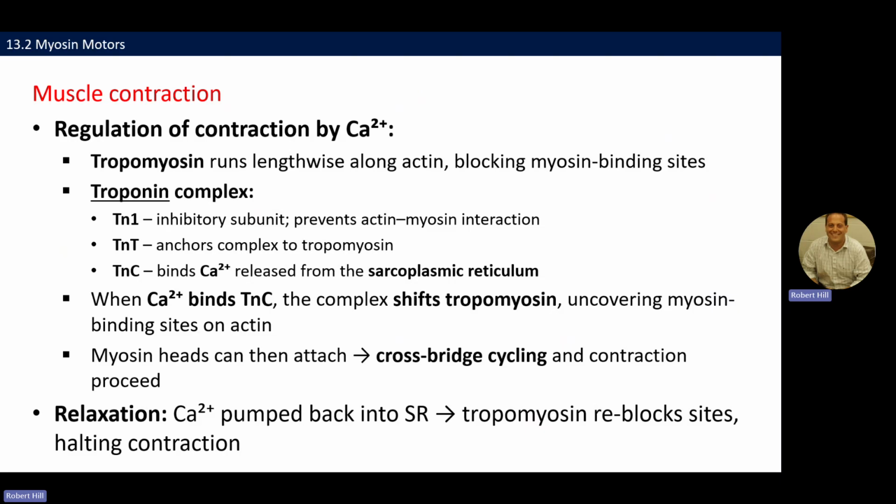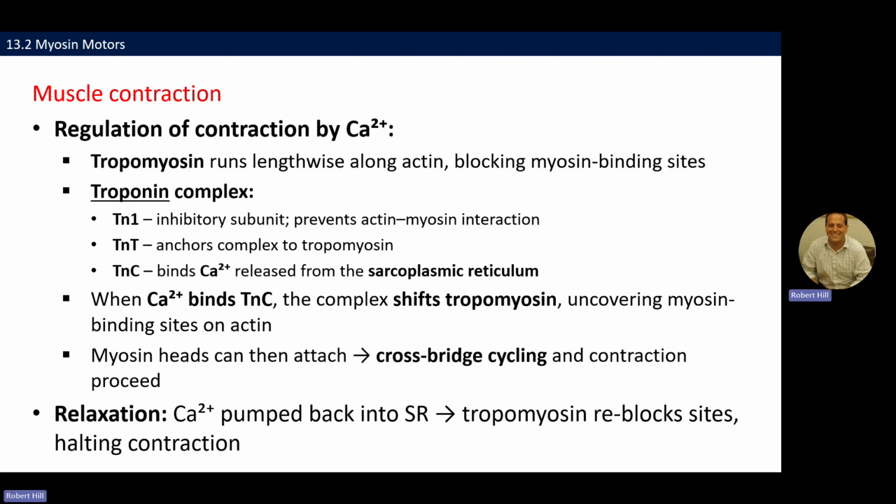All right, so you can see the roles of these different proteins. TNI is what actually prevents the actin-myosin interaction. TNT anchors this complex to tropomyosin. And then finally, the third protein, TNC, is what binds to calcium that comes out of the sarcoplasmic reticulum.